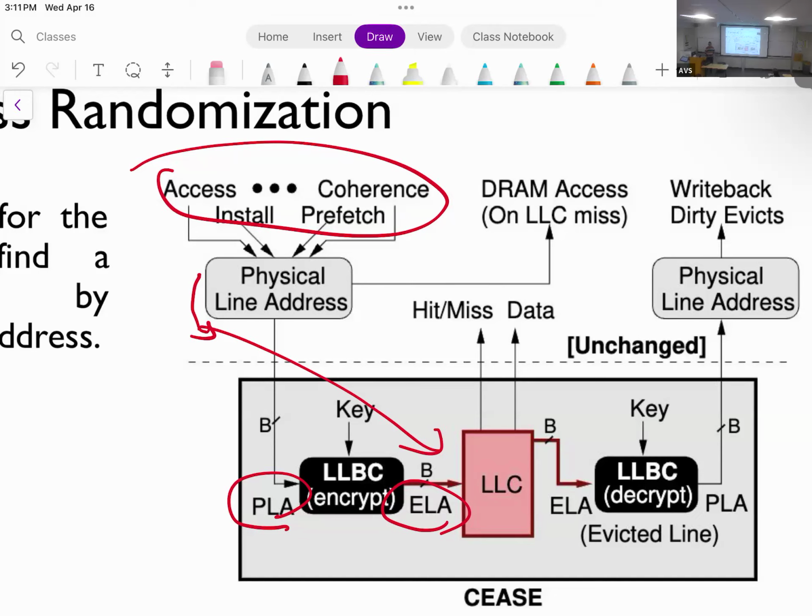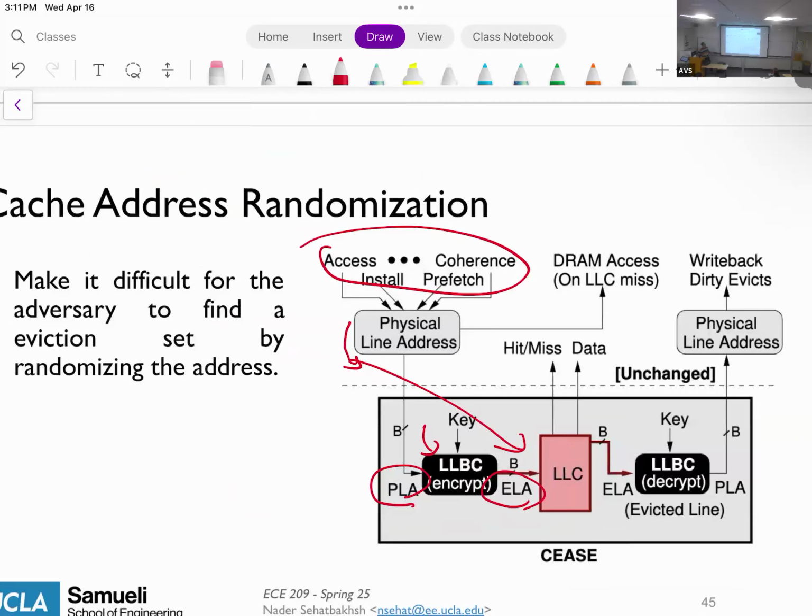You can also do this after each reset on the same computer. I can reset this mapping every time I reset my system. So after every reset, the attacker needs to run this again and again to find those addresses. So that's a good start.